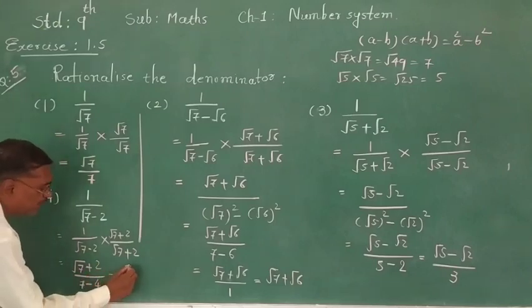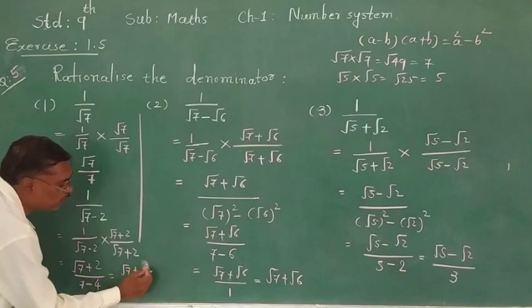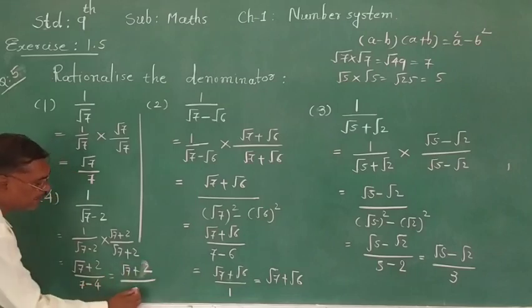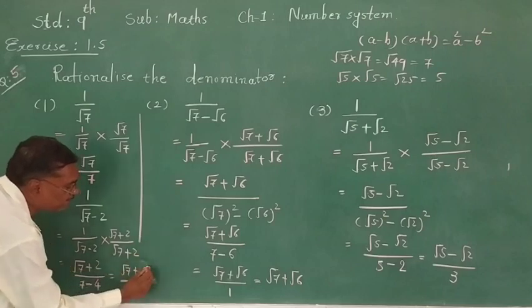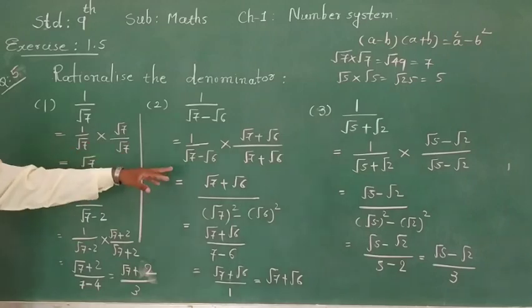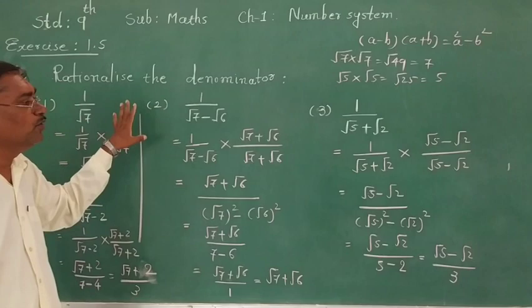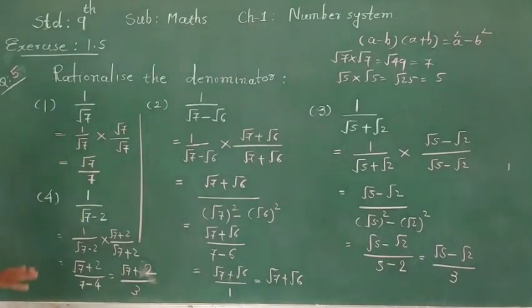So we can obtain here root 7 plus 2 upon 7 minus 4, which is 3. So we can solve all these, rationalize the denominator in this way using this formula, multiplying and dividing with the opposite number. Okay, now write down in your notebook.